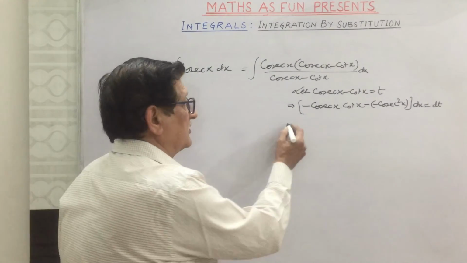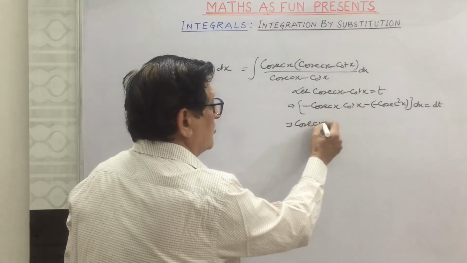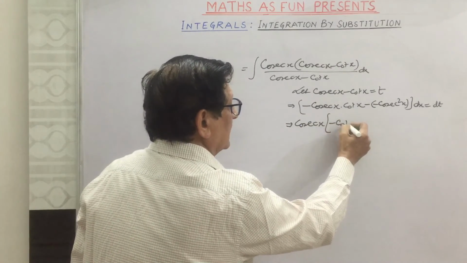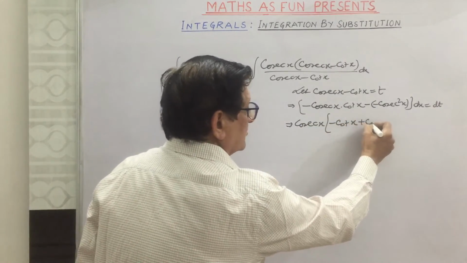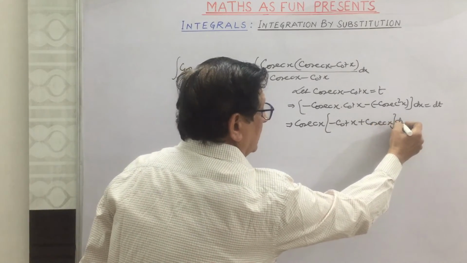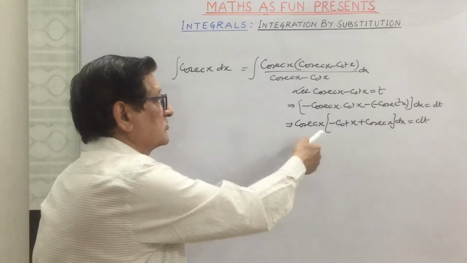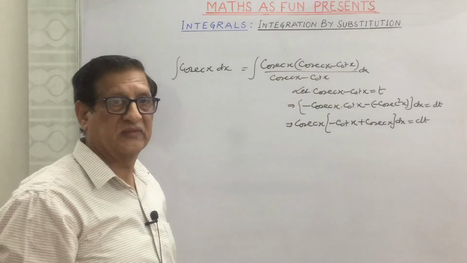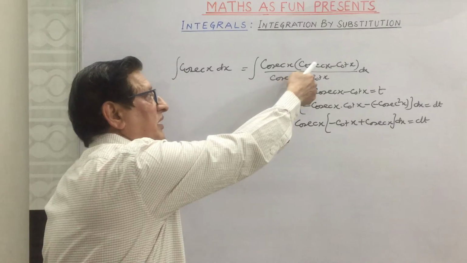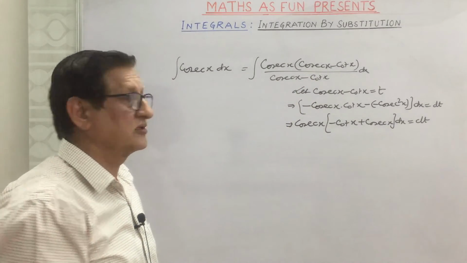If we simplify this and take cosec x common, we get minus cot x plus cosec x dx is equal to dt. And this is what we have here in the numerator. This was the reason that we are multiplying it by cosec x minus cot x.